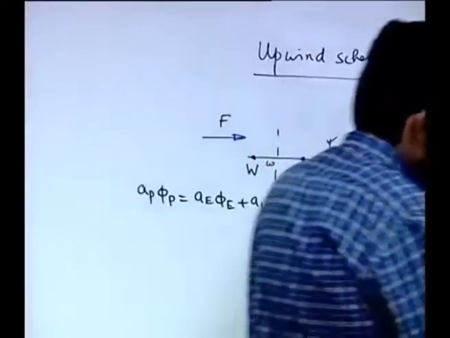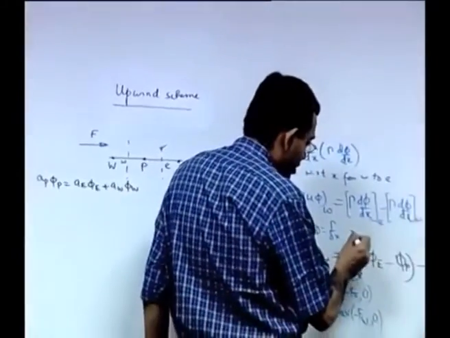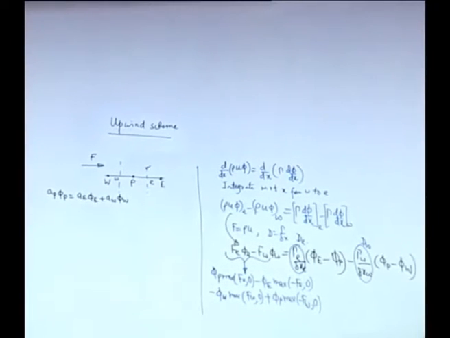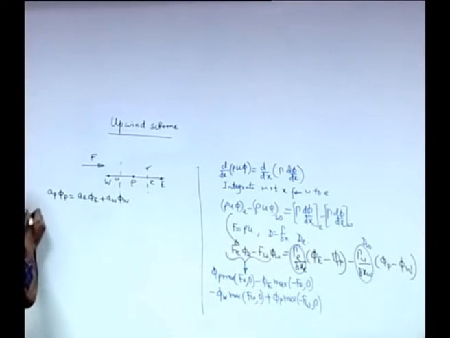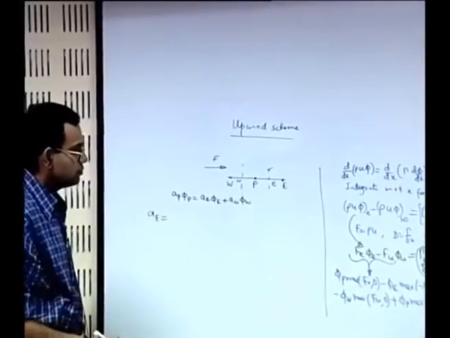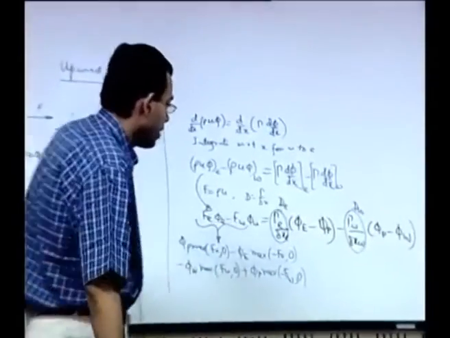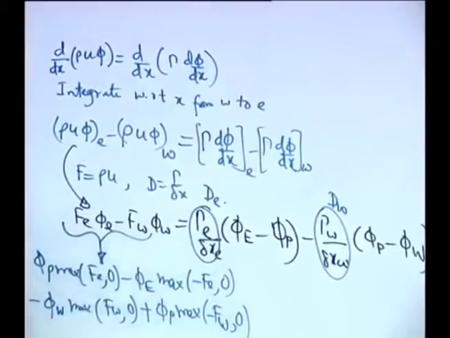So, to use the symbol D, we can call this D_E and we can call this D_W. So what we can do, we can write A_E equal to, what is A_E, we can take the coefficient of phi_E on the other side plus there is a D_E on the other side.